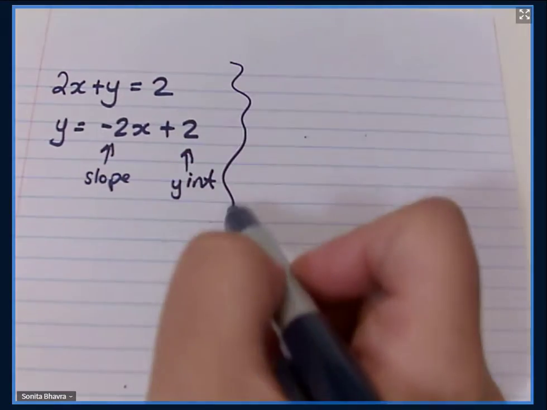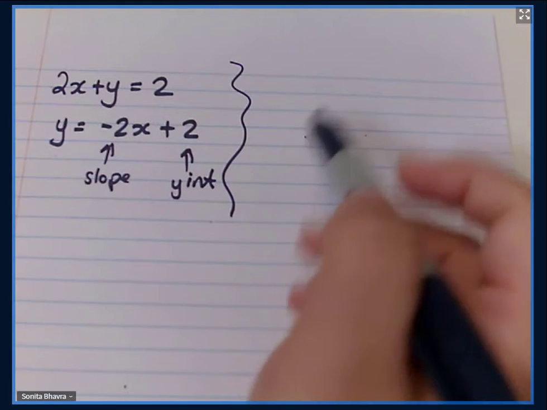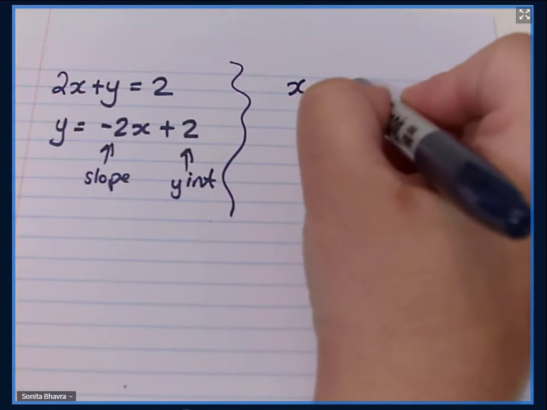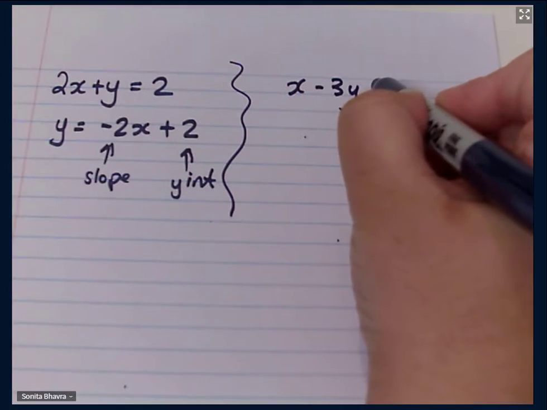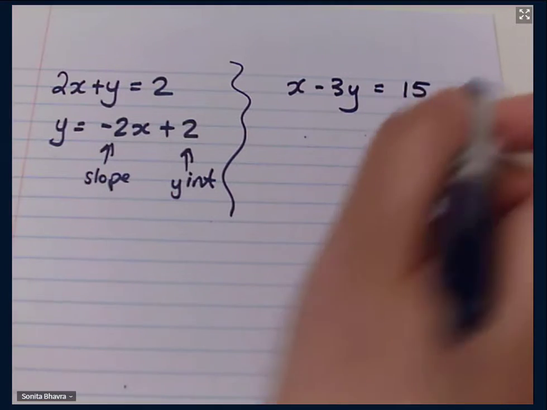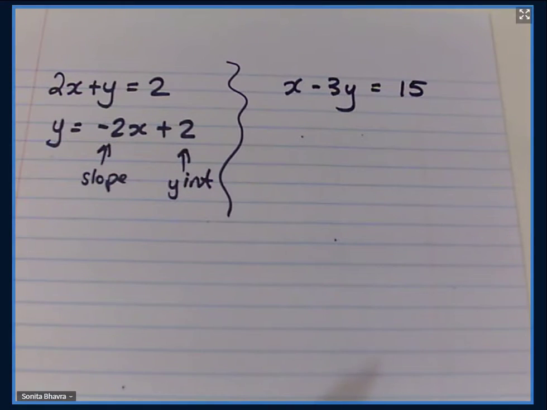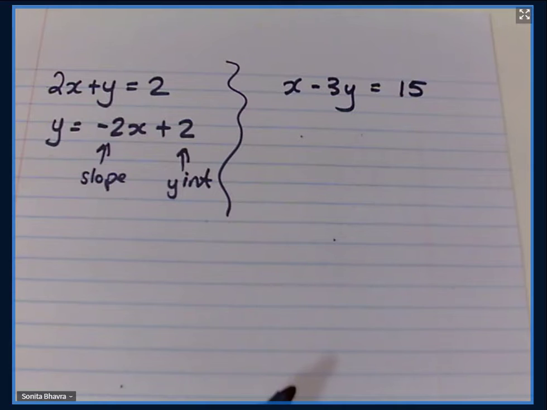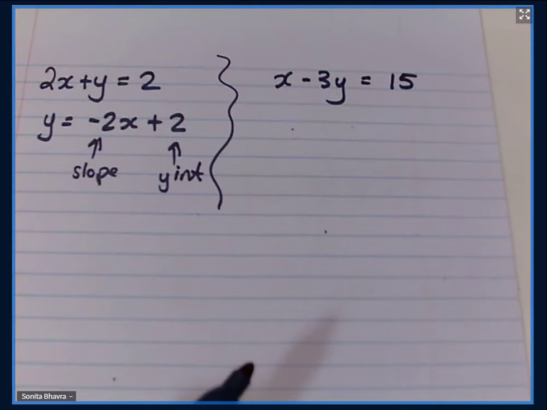The second line equation that we're given is x minus 3y is equal to 15. So you can do this, put it into y equals mx plus b form as well. You can also figure out your x and y intercepts to get 2 points on the line.